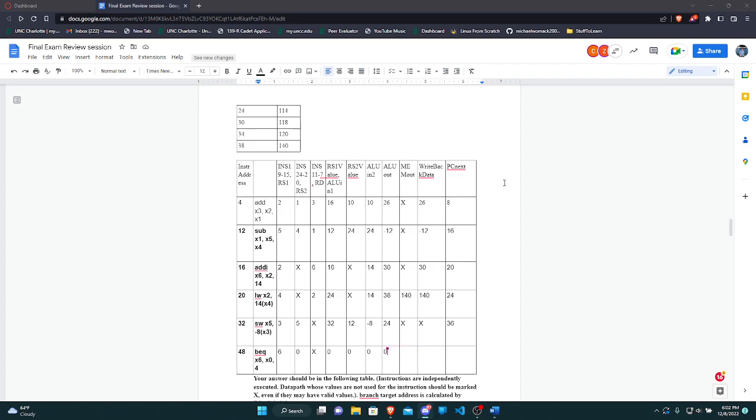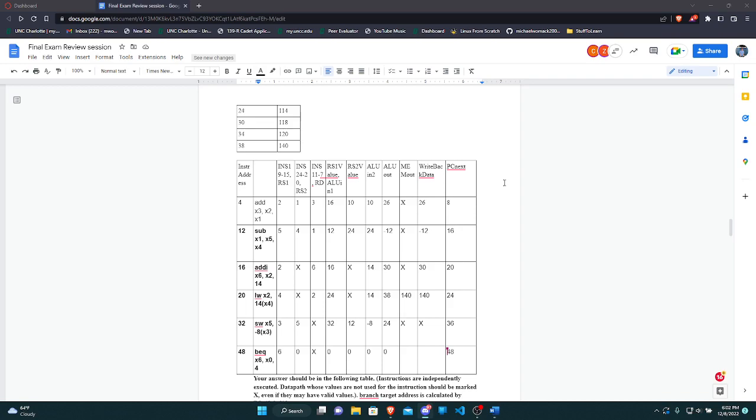We use a subtraction in this case to see if both numbers are equal. If both numbers equal 0, which in this case they do, we need to use the branch target address, which is PC plus label times 2.